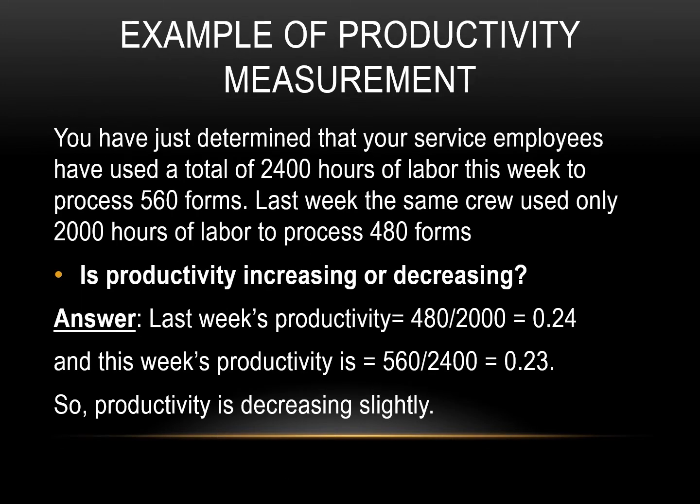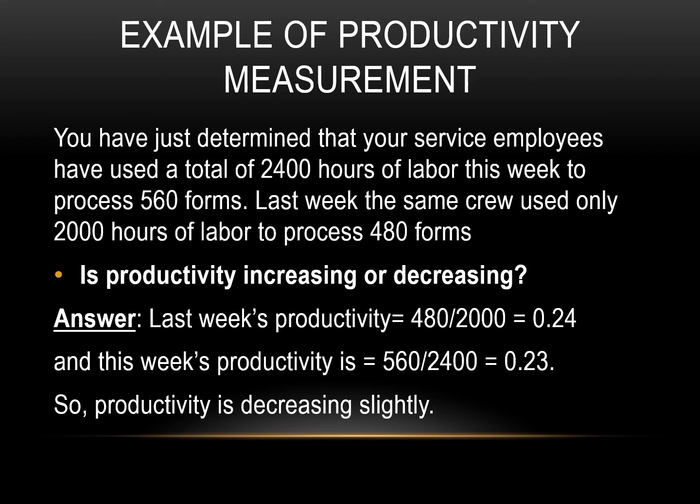Example of productivity measurement. You have just determined that your service employees have used a total of 2400 hours of labor this week to process 560 forms. Last week, the same crew used only 2000 hours of labor to process 480 forms. Is productivity increasing or decreasing?